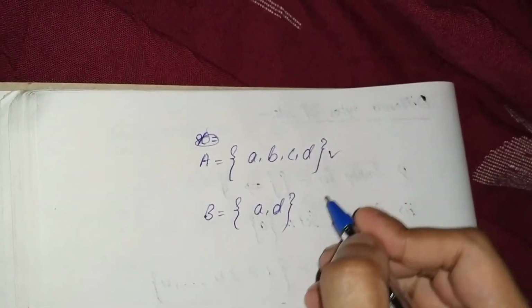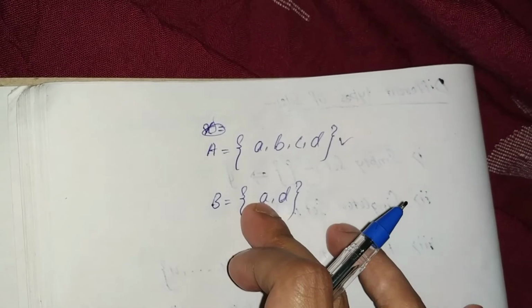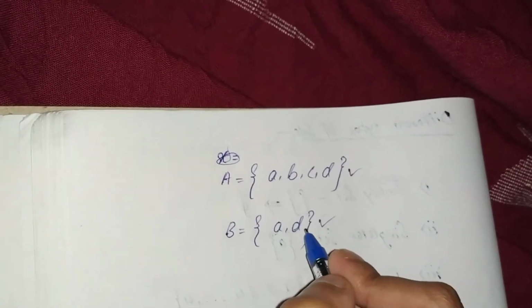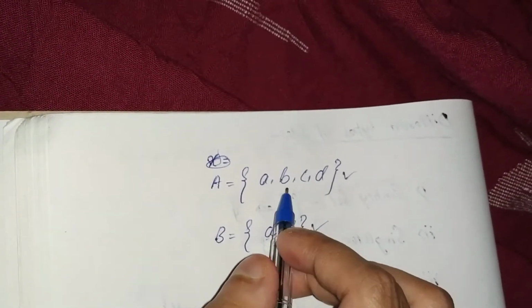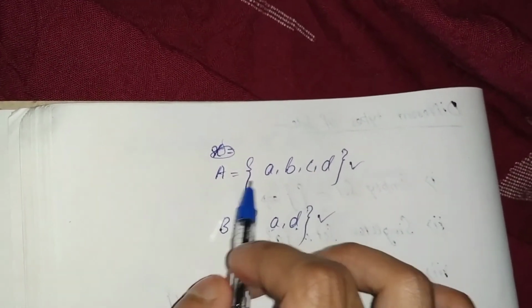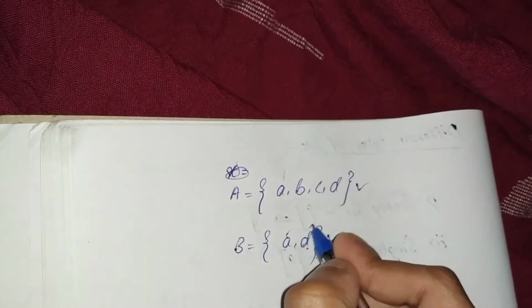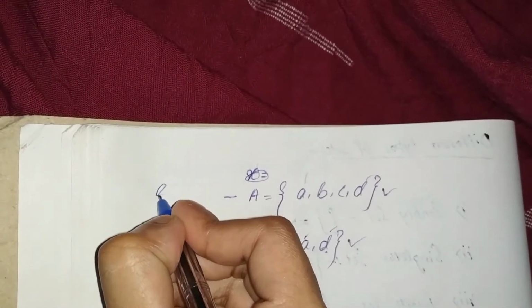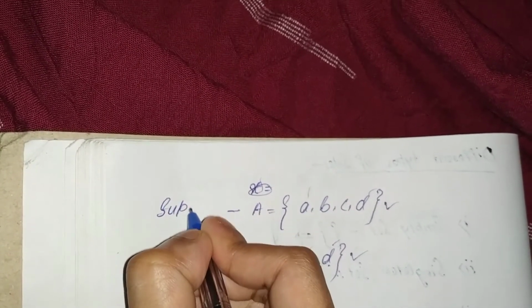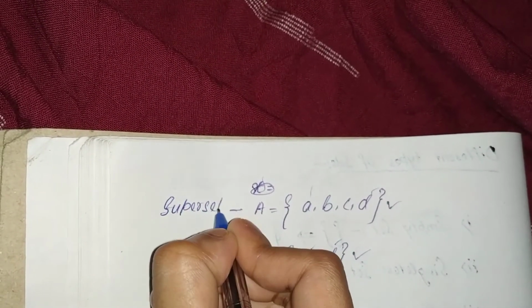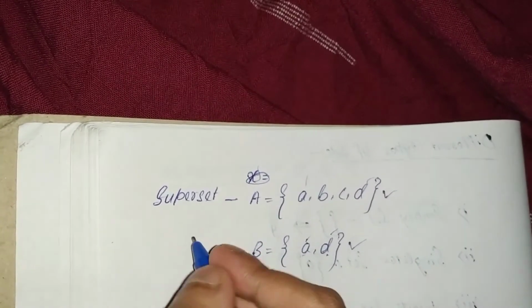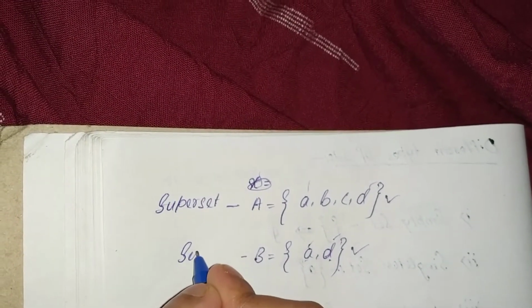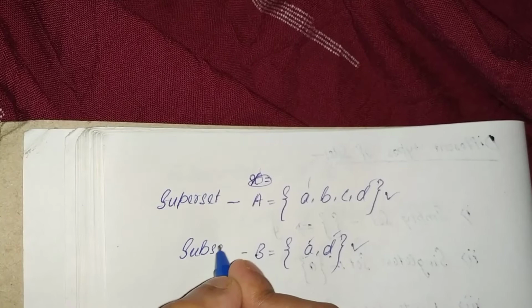Obviously A. And look very carefully. The smallest set's elements A and D exist or are available in the biggest set A. That's why A is the superset and B is a subset. Okay.